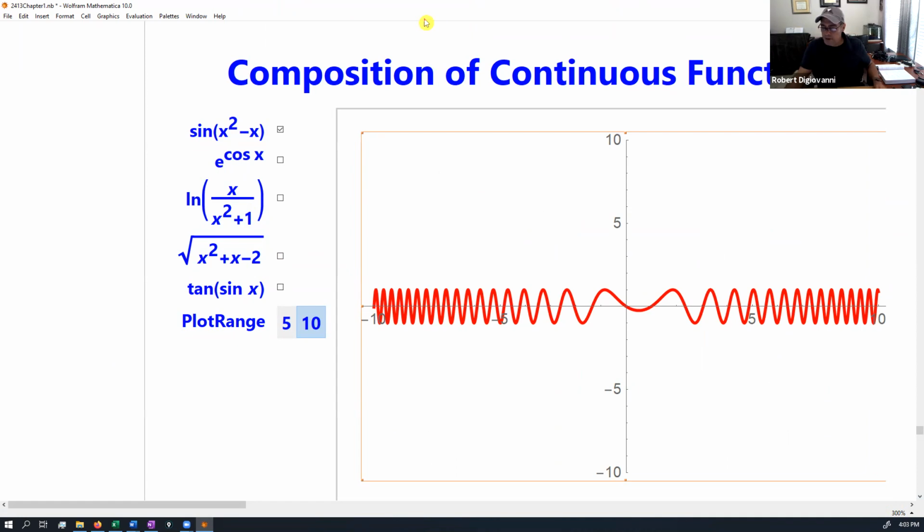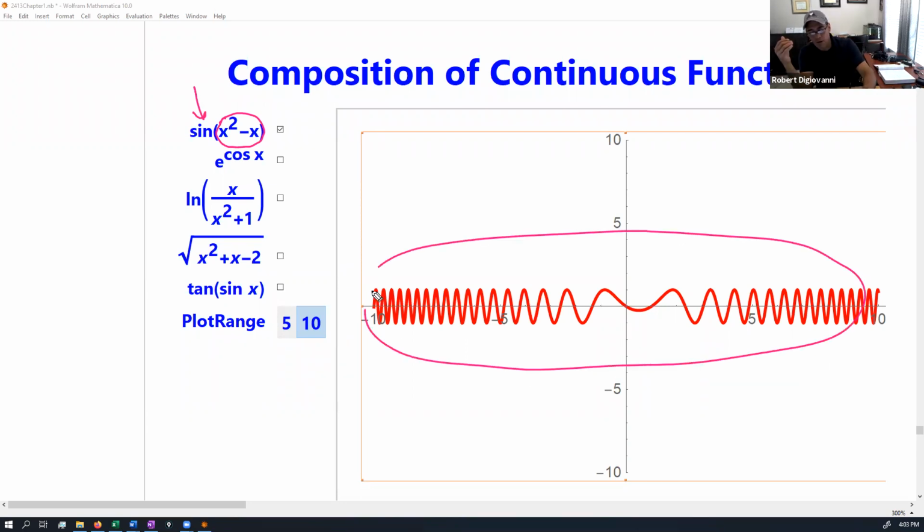So x squared minus x by itself, that's a polynomial, which should be continuous everywhere. And then you're plugging it into a trig function, sine, which is continuous everywhere. So when you put the two together in composition, your graph should be something you can draw without picking up your pencil. That's what this theorem is saying. Composition of continuous functions is continuous.